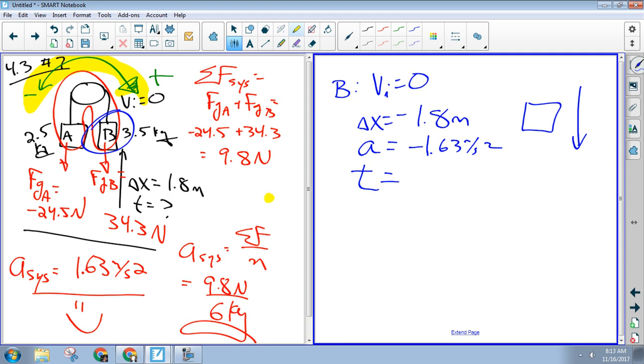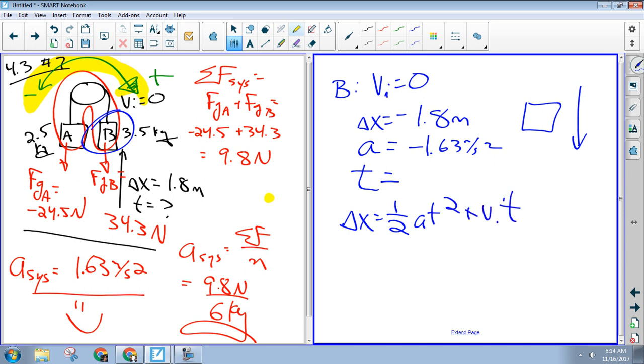So can you guys think of one of those kinematics equations from the first chapter that has those 4 variables in it? What do you got? Sure, Carter, thank you. There you go.